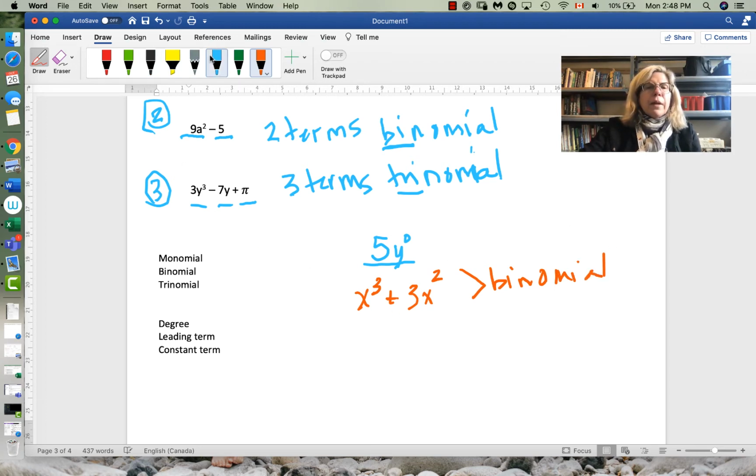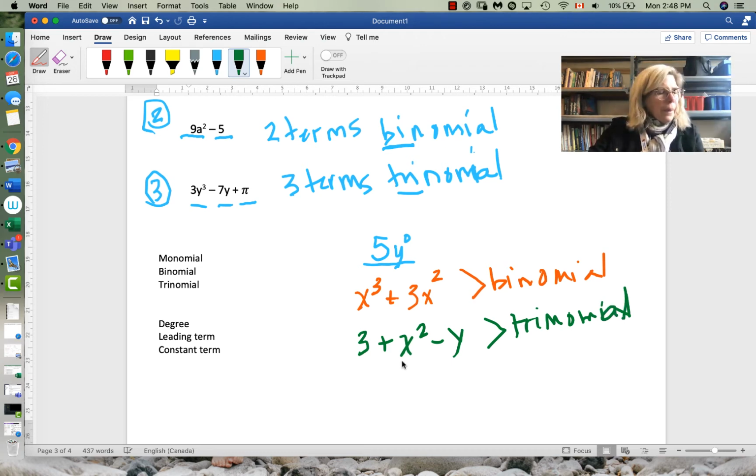And then another one. How about 3 plus x squared minus y? Is this a polynomial? Well, it is, and it's called a trinomial, T-R-I-N-O-M-I-A-L.